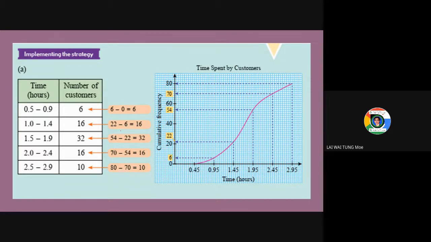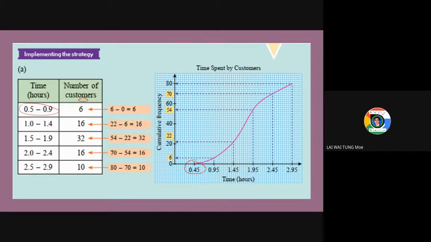Remember, when you construct the ogive, you need to find one class interval before the first class, with frequency 0. If the question didn't give you this, you need to find it from the ogive. So how to find it?